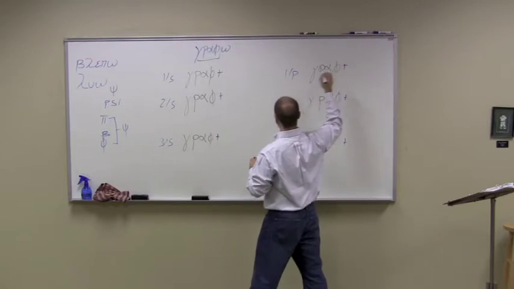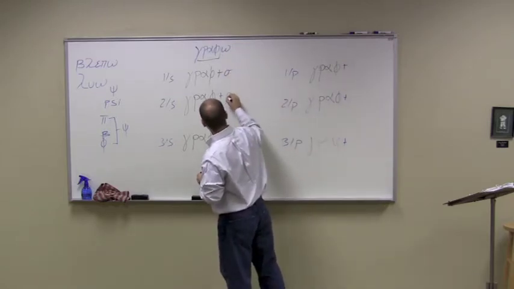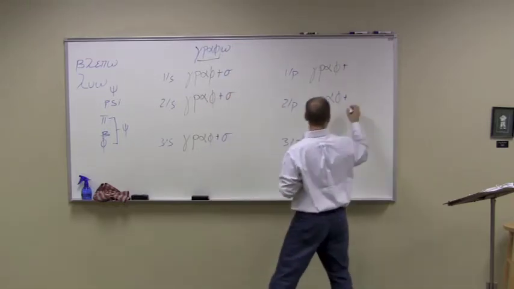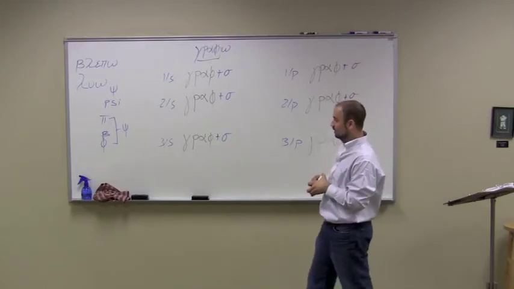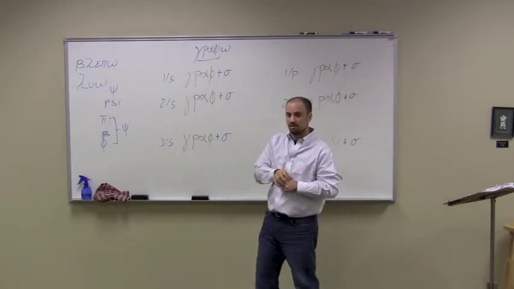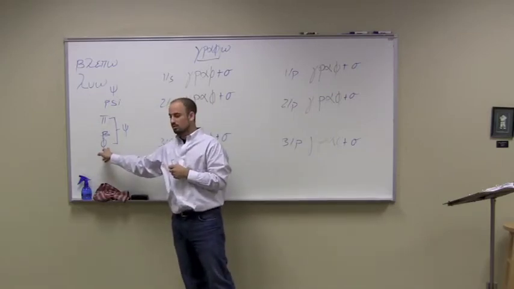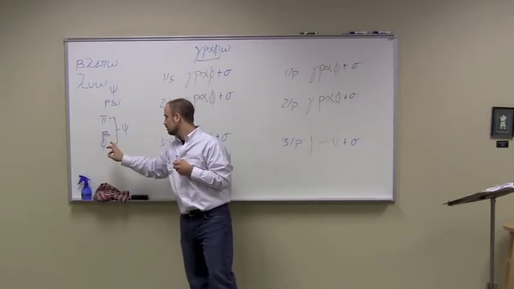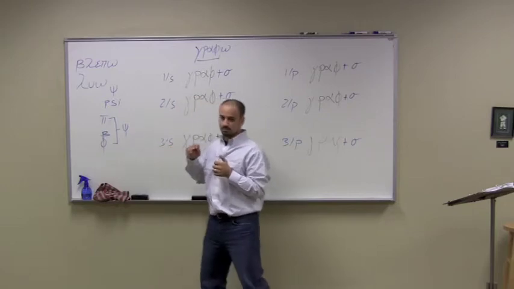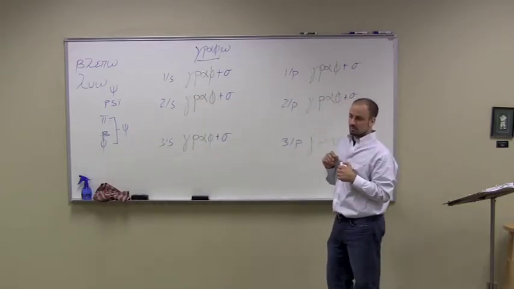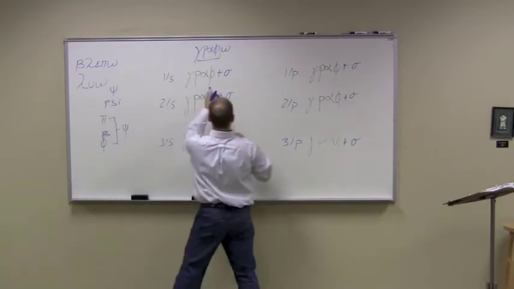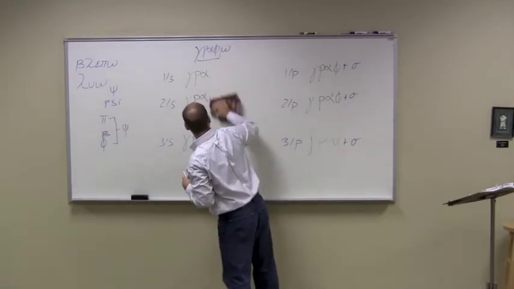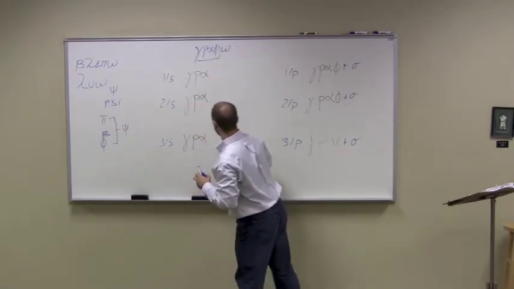Good. Now we have a phi and a sigma, and a phi falls underneath this rule of pi, beta, and phi. We get a psi. Good. And we'll erase all of that.